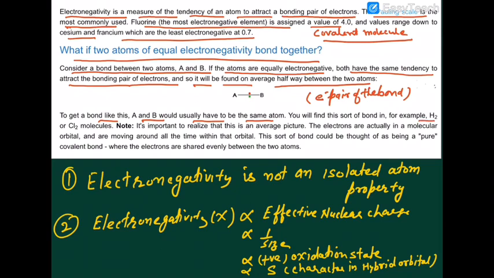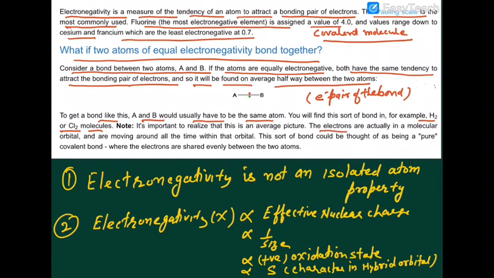That is the case in H2, chlorine, fluorine, bromine, oxygen, nitrogen. All of them have covalent bond formation between two atoms which are equal in electronegativity. It is important to note that this happens only in what you may call homoatomic molecules.